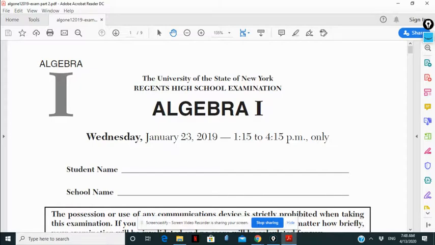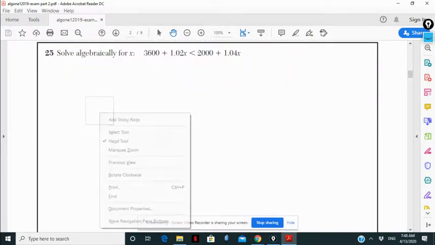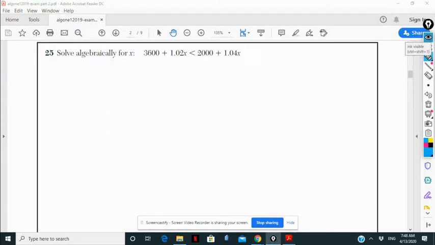I'm in part 2. So, first question in part 2, solve algebraically for x. So I have an inequality. I am going to get the variable on one side and the numbers on one side. So minus 2000.